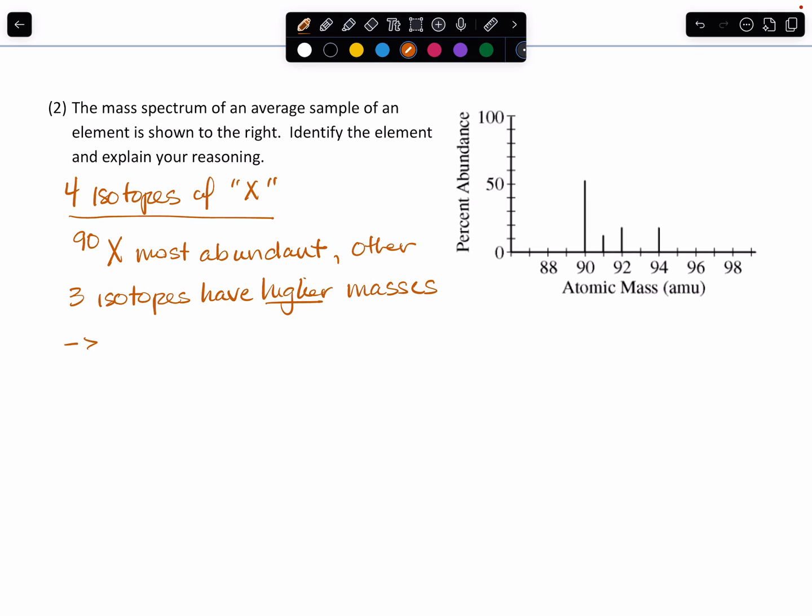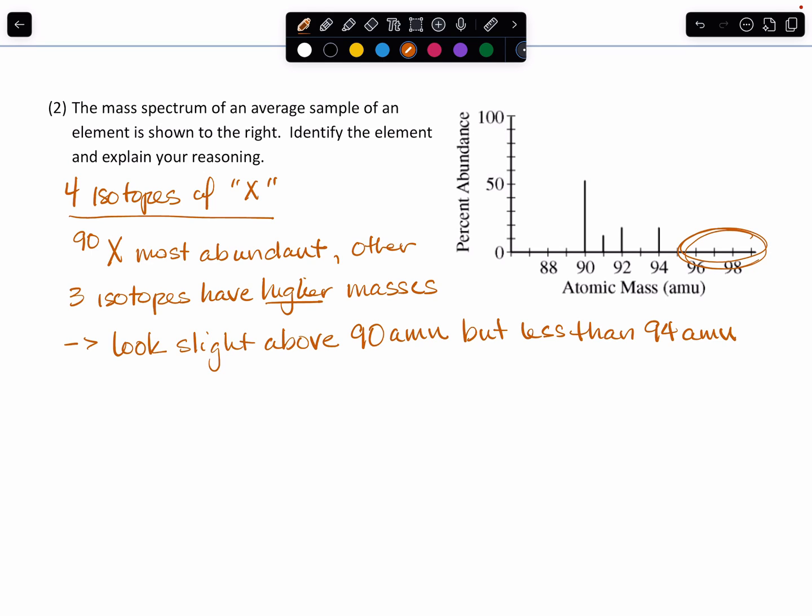My first is going to look slightly above 90 AMU, but I need to keep it less than 94 AMU. There's no way the mass could be up here. It doesn't have enough mass.